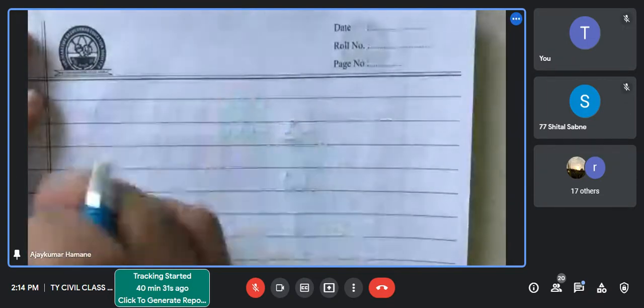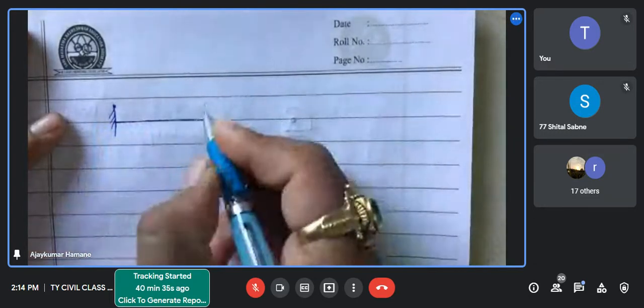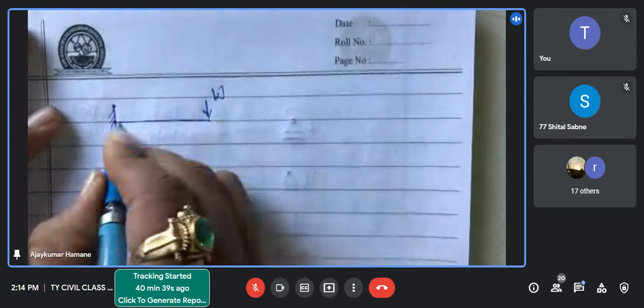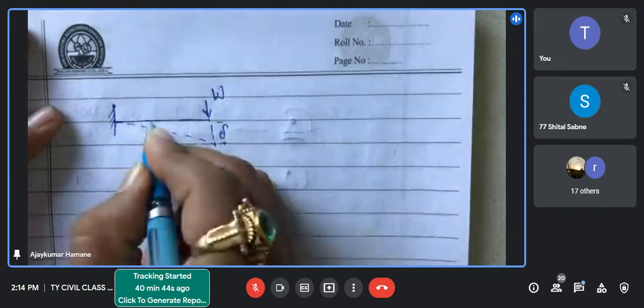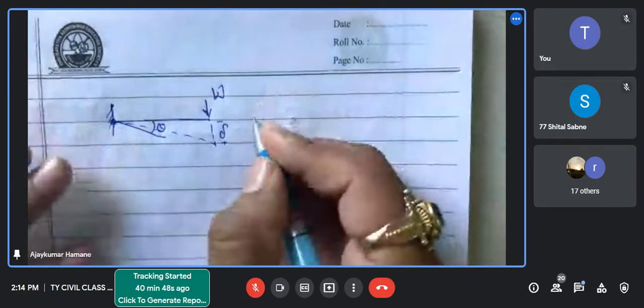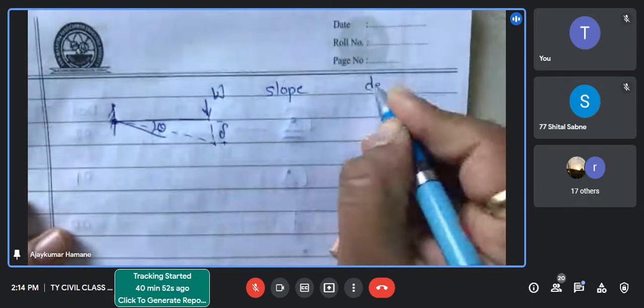If there is a cantilever beam and we have a point load at the end, the beam will deflect, and we have deflection at the end and theta at this point. So what is the slope and deflection?